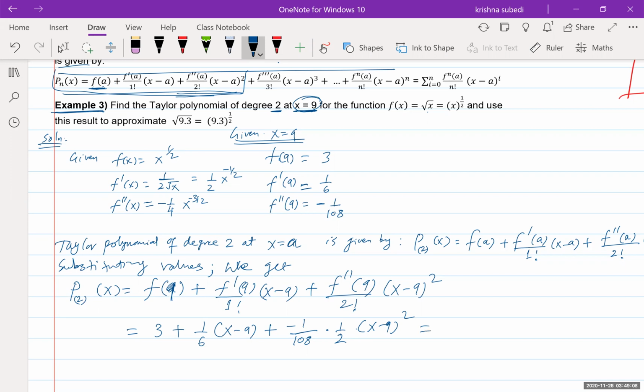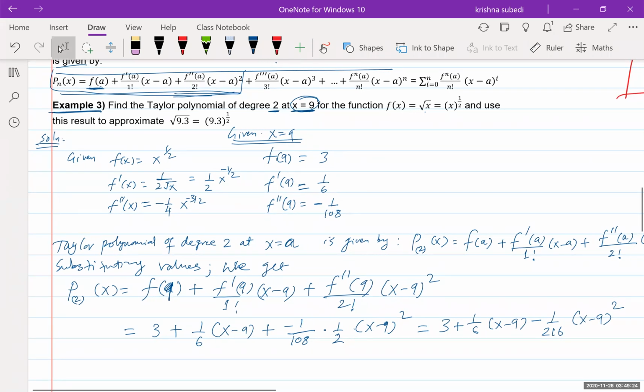So basically what we got is 3 plus 1 over 6 times x minus 9 minus 1 over 216 times x minus 9 squared. Okay, that is our polynomial.